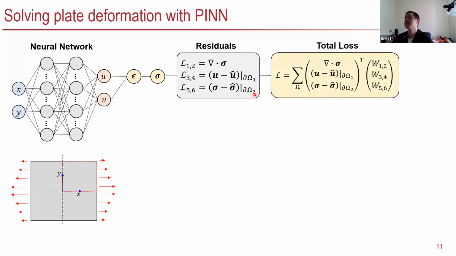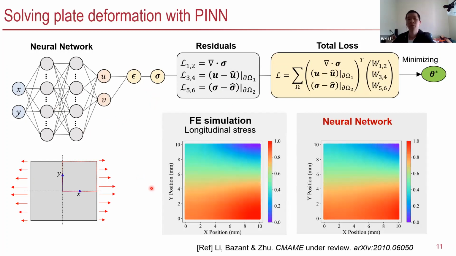And then if we try to minimize the loss of all these terms, this neural network can satisfy these physics laws, and then it will be a good approximation of the exact solution. So this is the result, a comparison of the finite element simulation and the neural network prediction.